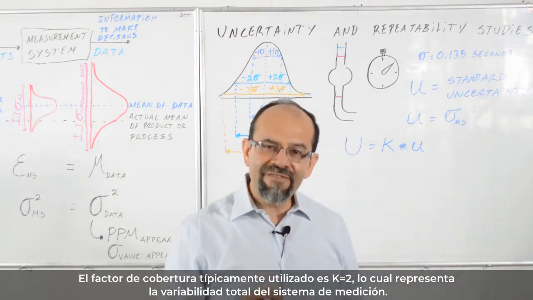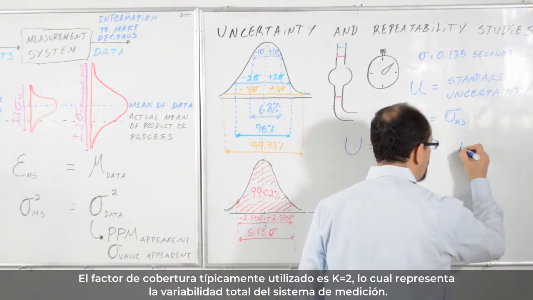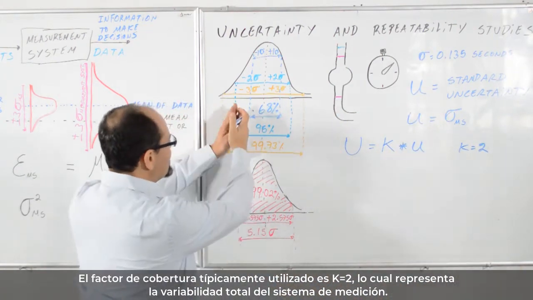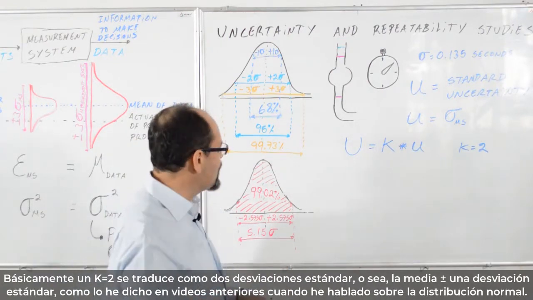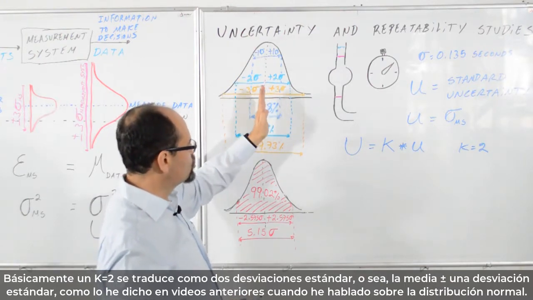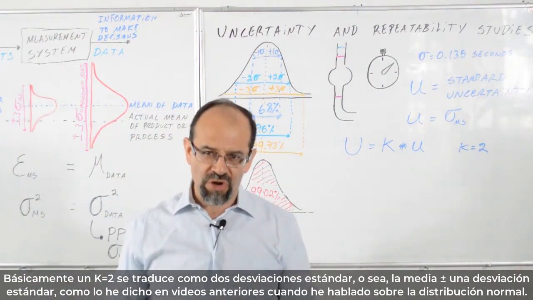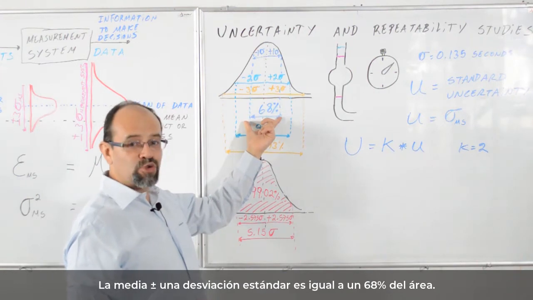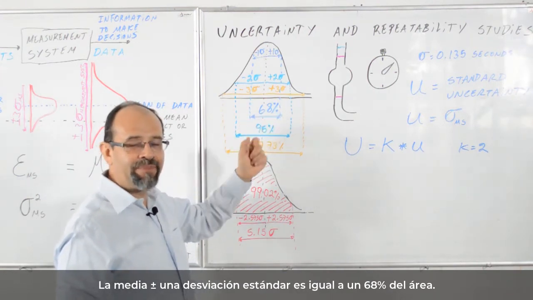The most typical value used as a coverage factor is k equal to 2, which will be the total variability of the measurement system. And basically, a k equal to 2 means 2 standard deviations, which is the mean plus minus 1 standard deviation. As I have said in previous videos when I was talking about normal distribution, the mean plus minus 1 standard deviation is equivalent to 68% of the area.